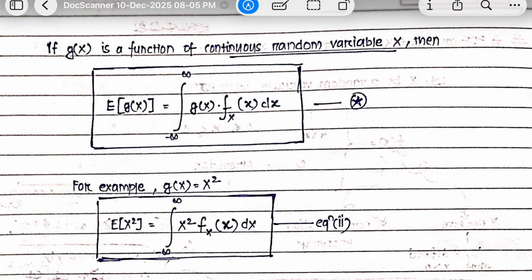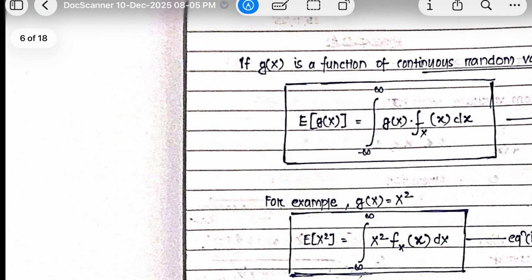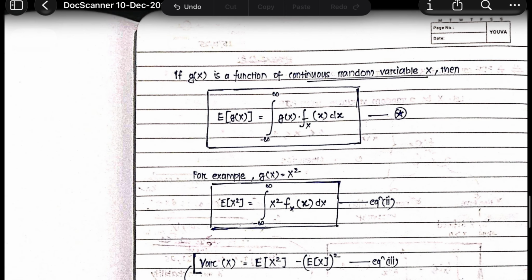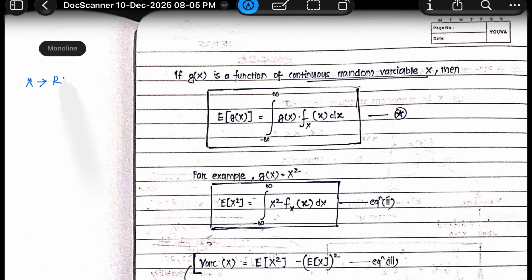What I have done here: this property says that if x is a random variable and we take a function of x, g of x, then suppose f of x will be a random variable.